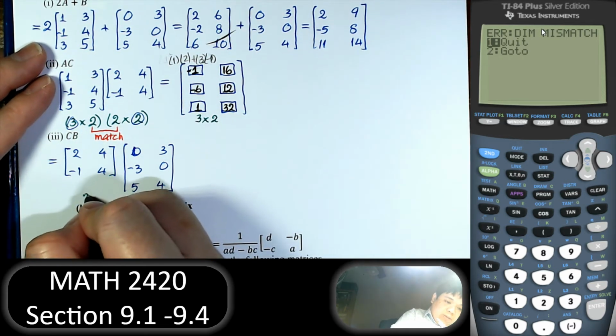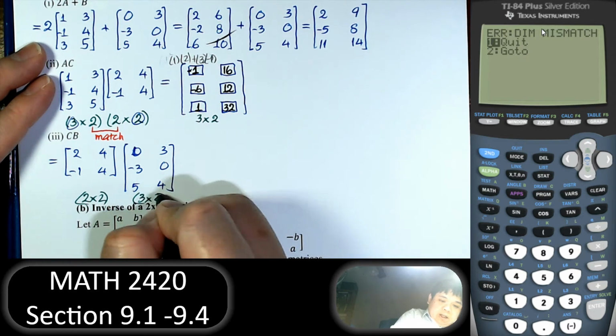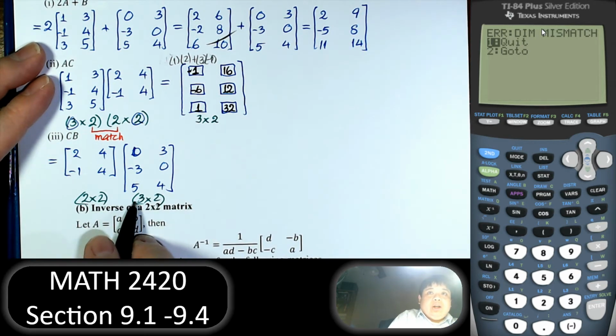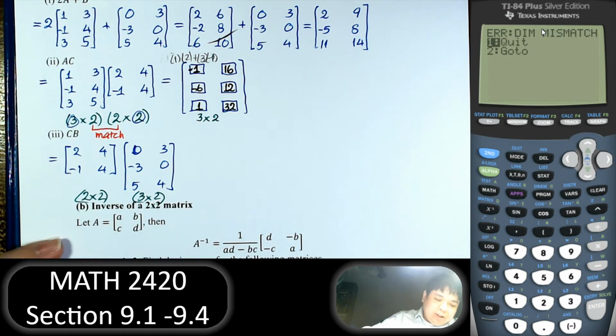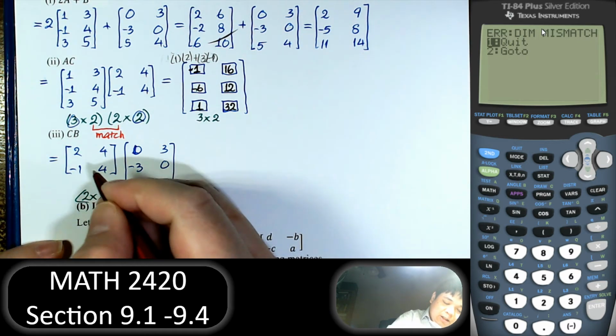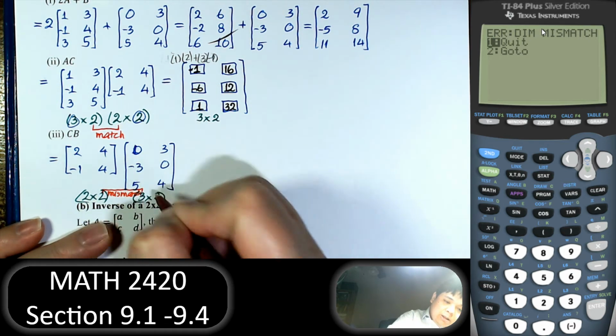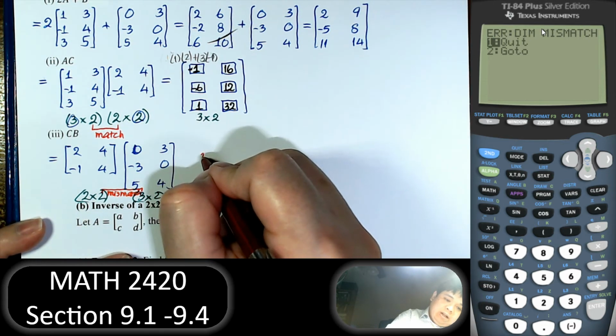This is a 2 by 2, and this is a 3 by 2. The inner numbers do not match, so we cannot multiply. So there is a mismatch here, and the product is undefined.